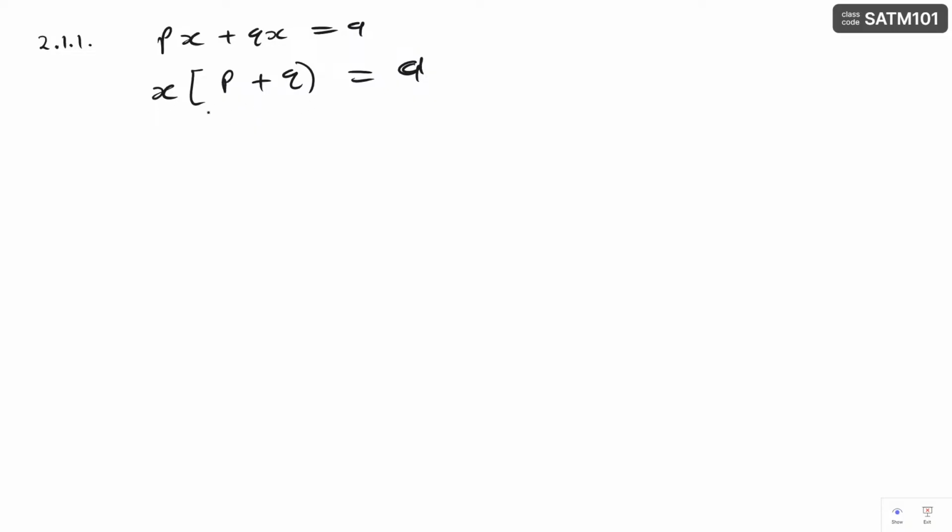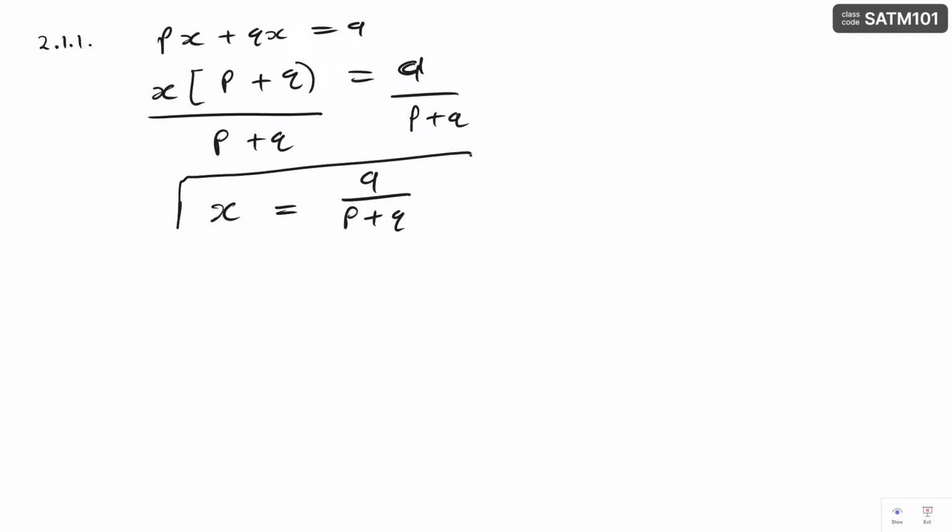Since this is a product, you just need to divide. So we're going to divide this side by p plus q, and divide this side by p plus q. So x is going to be a over p plus q. So this is your answer. They're going to give you, I think, 2 marks for doing this. You can't lose this. These are free marks.